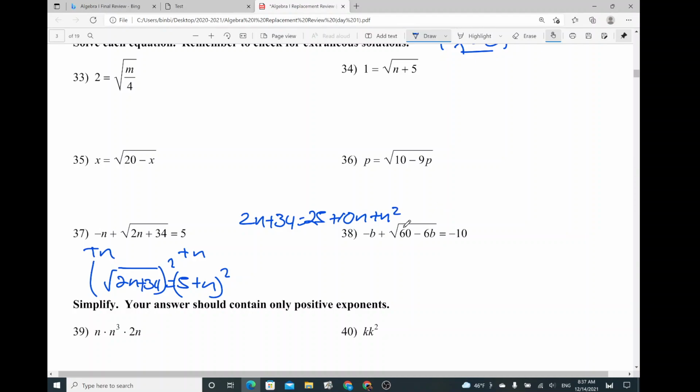And then we know that it's a quadratic equation, so we want to bring everything together to one side. Subtract 2n and subtract 34 from both sides. So what we found here, we started off with n squared, 10n minus 2n, which is 8n, and then 25 minus 34, which is negative 9.